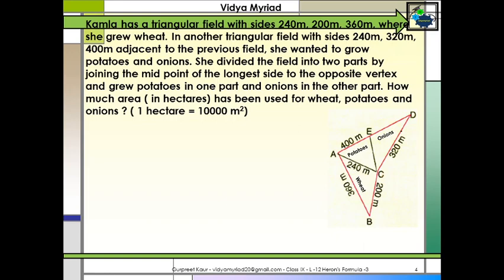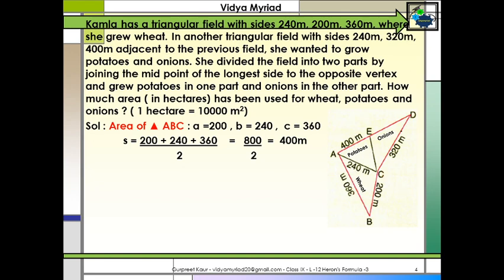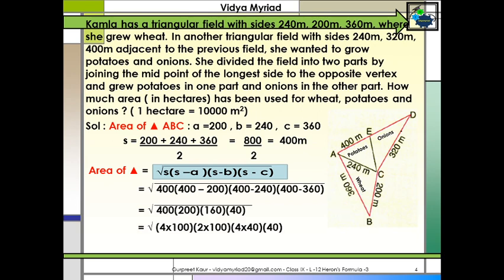We know all the 3 sides, and for that I can simply put in Heron's formula to find out the area. So let's begin with it. I will quickly do that. Semi-perimeter I will find out, it will come to 400. Put in Heron's formula. When you do that, your answer comes to 16,000 root 2. Okay, that is the area of the wheat.